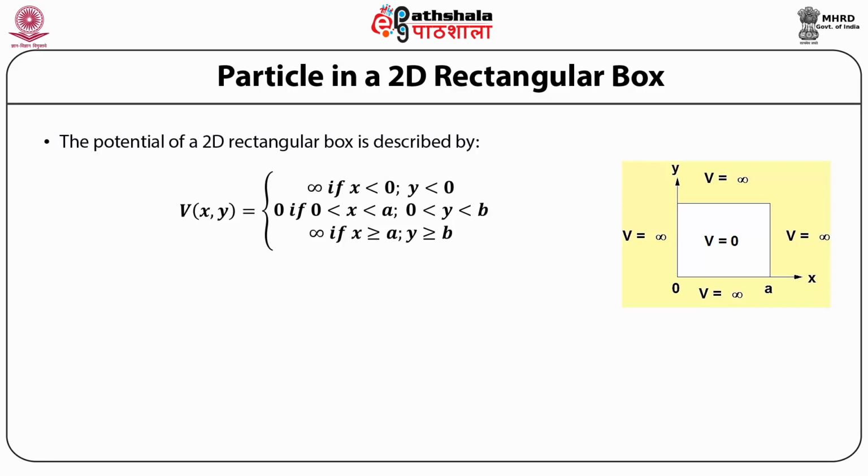So now if we write the Schrodinger equation, that is minus h cut square by 2m multiplied by bracket d square by dx square plus d square by dy square plus V(x,y) bracket close psi(x,y) equal to E psi(x,y).